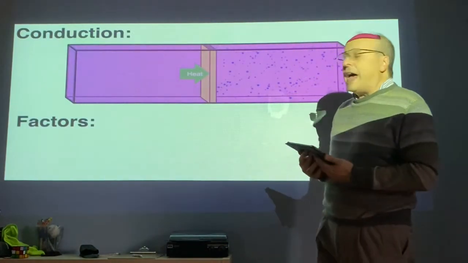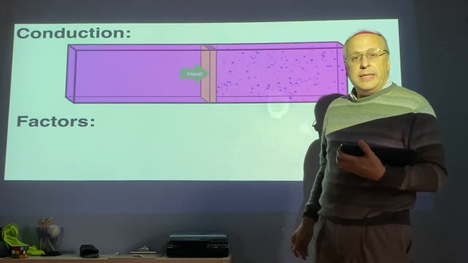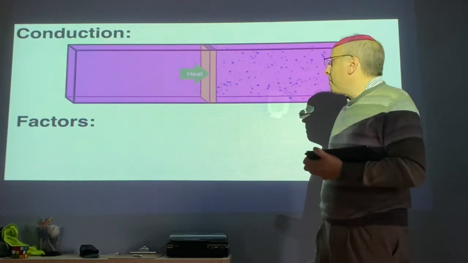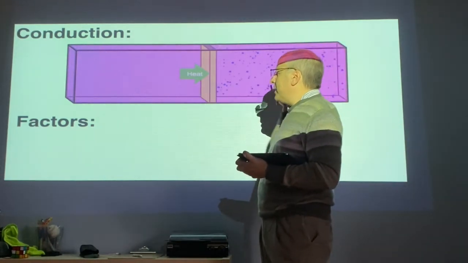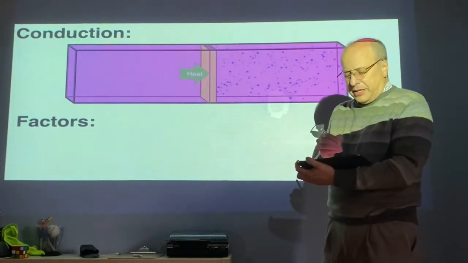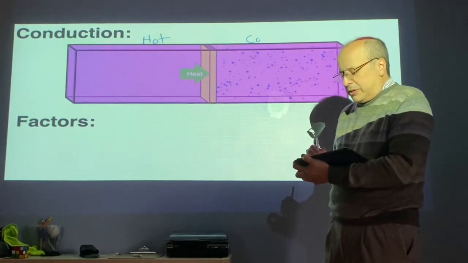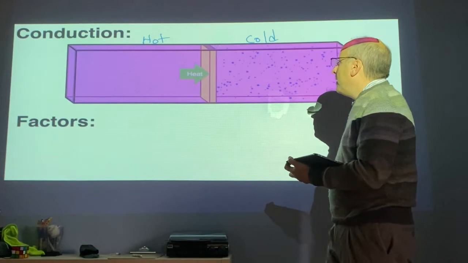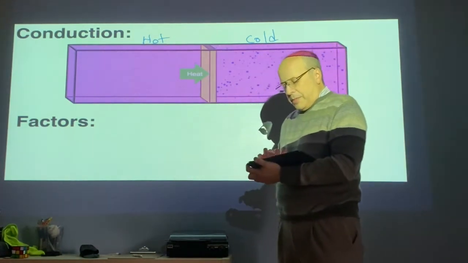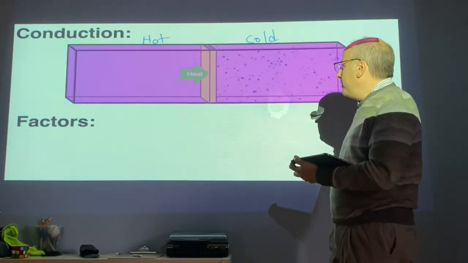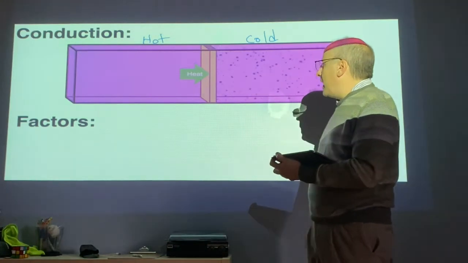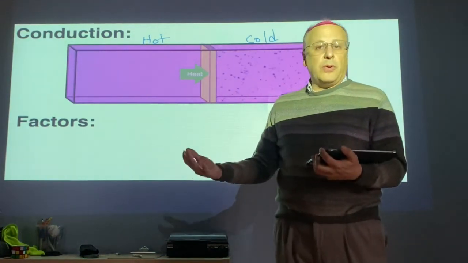In terms of the factors that determine how quickly the heat will go through a material, we had a picture like this, and I'm going to ask you to redraw this. We have a hot side and we have a cold side. In the hot side, the molecules are going to be moving around rather quickly, and in the cold side, the molecules will be moving less quickly.